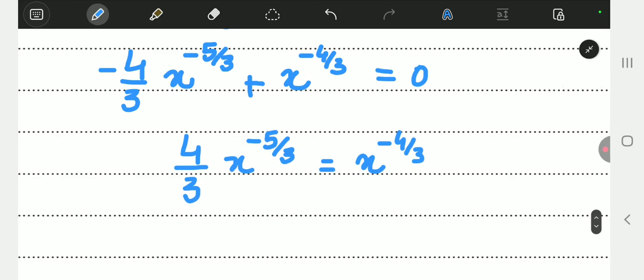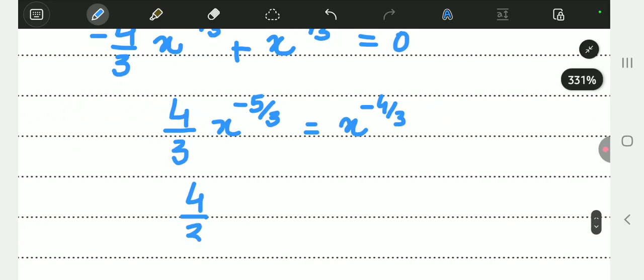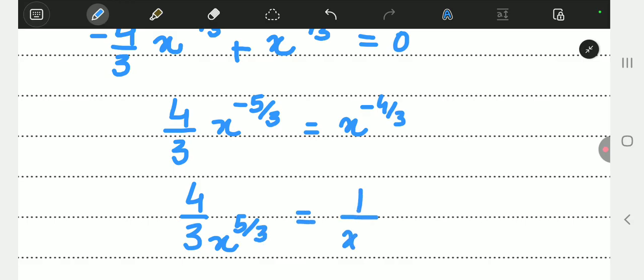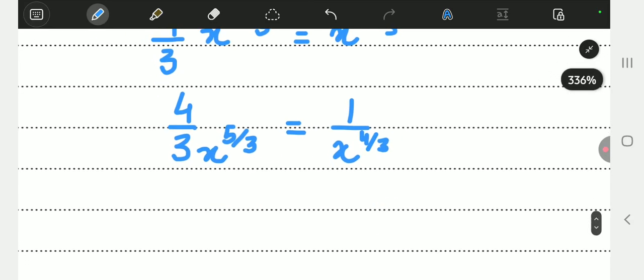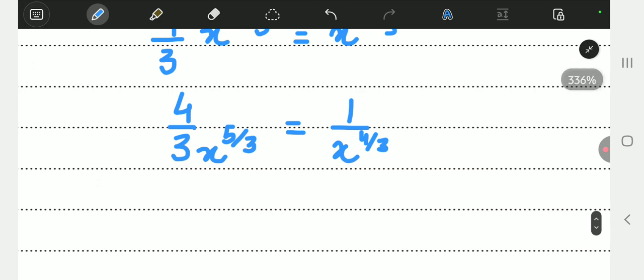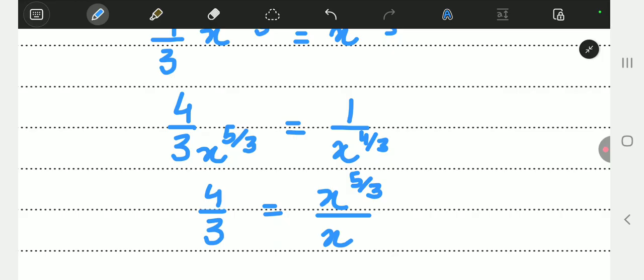Then let's make it a positive power, so 4 over 3 equals 1 over x to the power 5 over 3 ... so we get 4 over 3 equals x to the power 5 over 3 over x to the power 4 over 3.